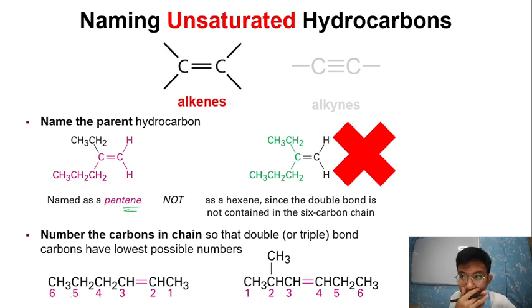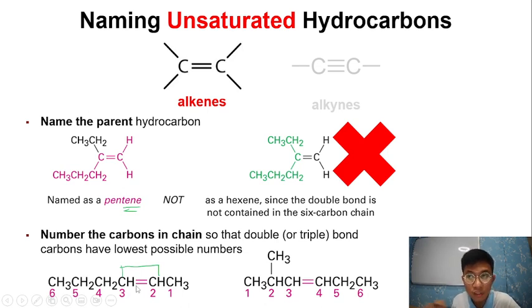And to add, that carbon should be between two carbons. So it should be between 2 and 3. So nandito sa 2 and 3 siya. Okay? So that's it. So ito, skip ko muna yan.